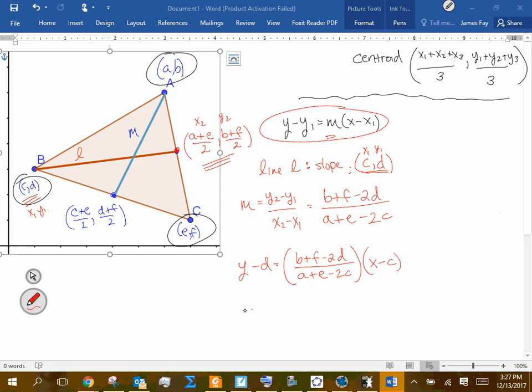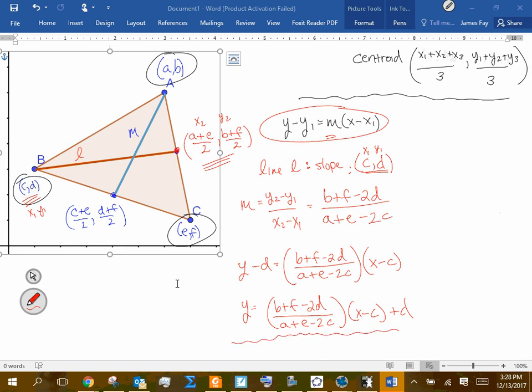Then we would solve this for y, so we add d to both sides, and I get y equals b plus f minus 2d over a plus e minus 2c, times x minus c, plus d. All right, so this is a formula for an equation of this red line, no matter where these vertices go.